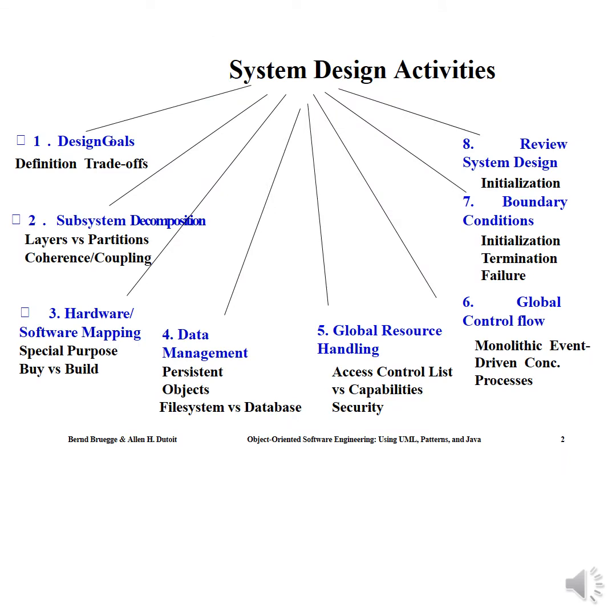So in the previous lecture we discussed system design activities, how we moved from objects to subsystems. We started with the analysis model for a route planning system, which was MyTrip.